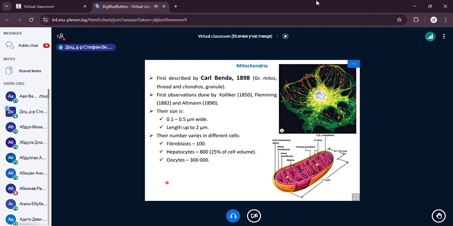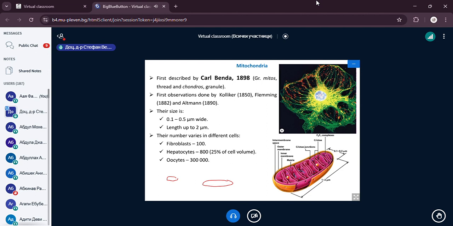Because sometimes mitochondria appear as small granules. In other areas of the cell, mitochondria might be more elongated, like threads. So he called them mitochondria. They resemble either a granule or a thread.